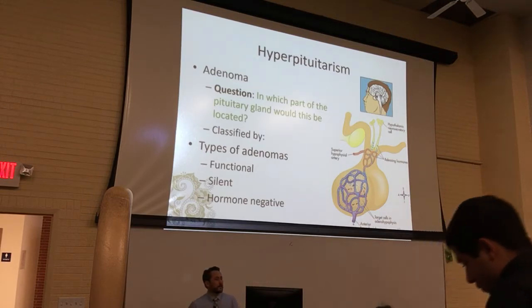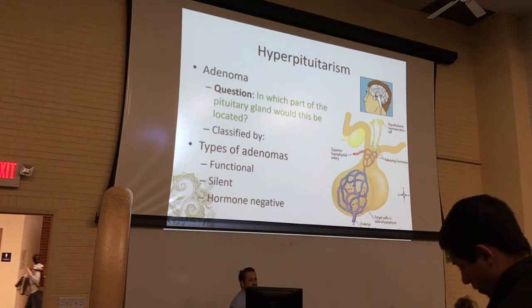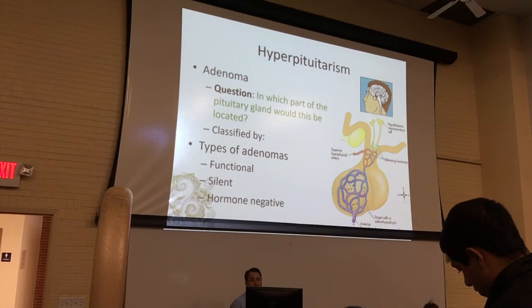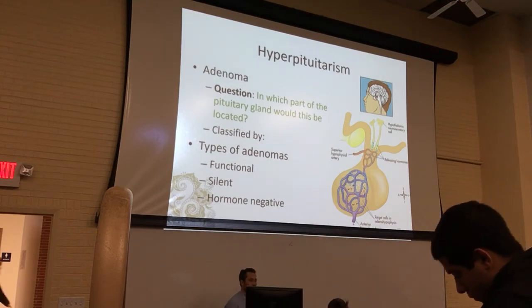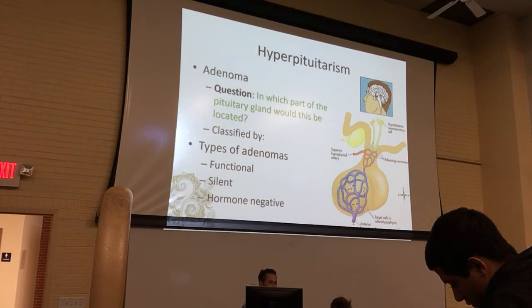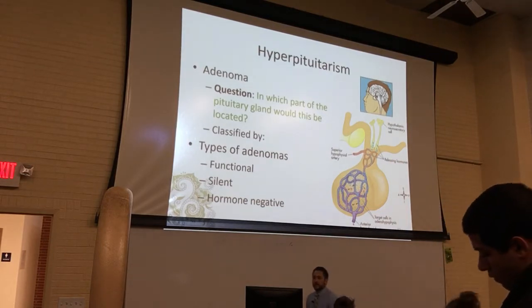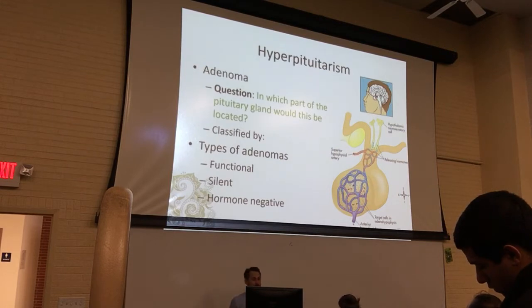And the adenoma is going to be classified by the type of hormone that's being produced. The adenomas typically secrete one type of hormone. Sometimes they can make two, but usually it's just one. And that adenoma, that benign lesion, most of them are benign, but they can either be functional, silent, or hormone negative.